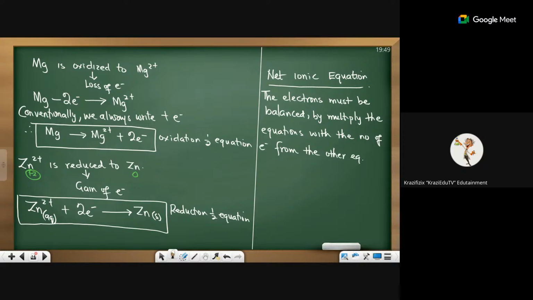And today, from the other equation because of time. And we add, check this. What do I have? I have Mg to give Mg 2 plus plus 2e. I have zinc 2 plus plus 2e.